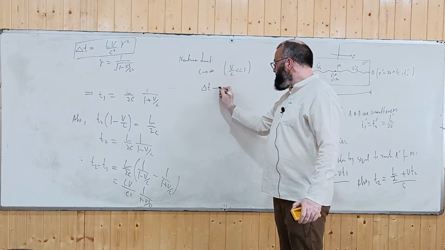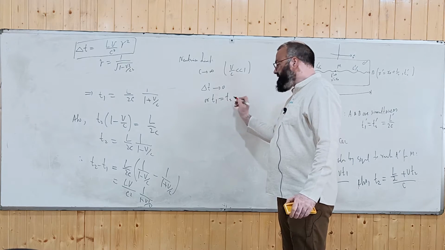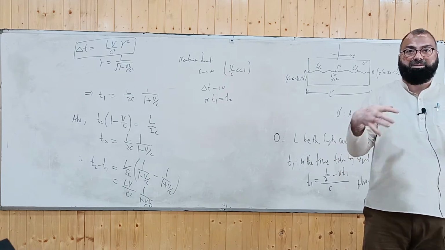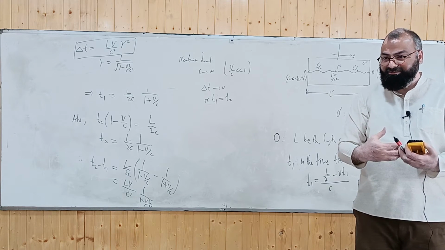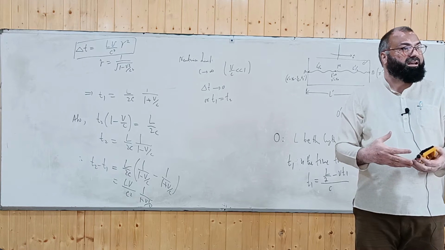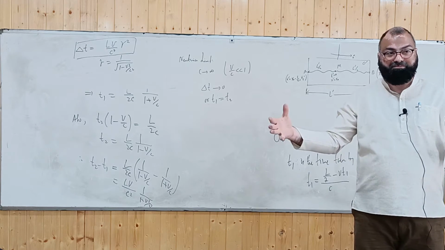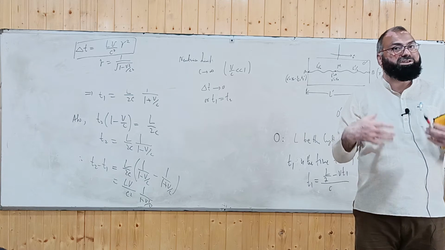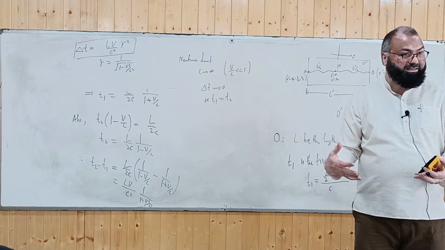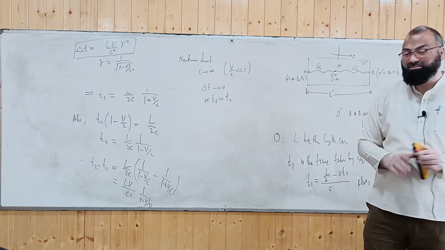Then delta t tends to 0, or in other words, t1 is the same as t2. So it means it takes the same time to reach both ends even for the observer O. Got it? In Newtonian mechanics you have a universal clock and all inertial frames read the same time. That is why you have simultaneous events in Newtonian mechanics, not in the Einsteinian perspective. Got it?